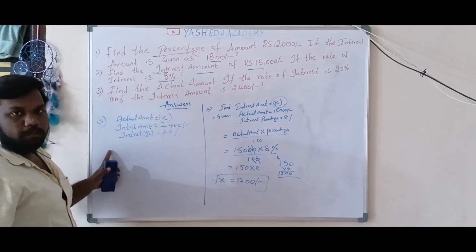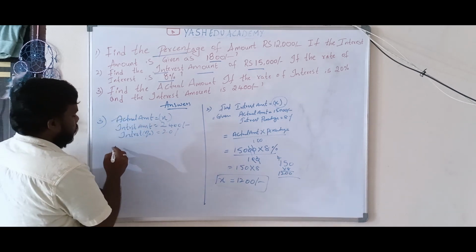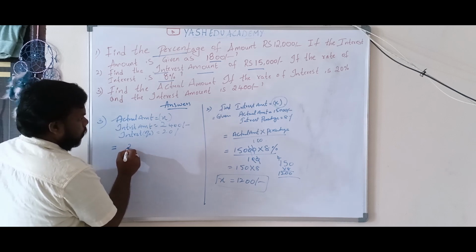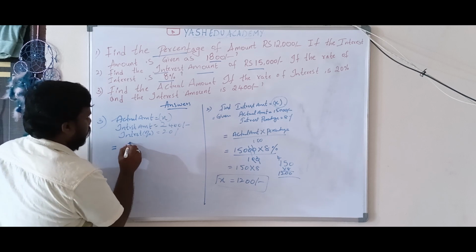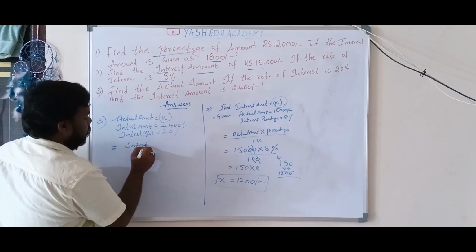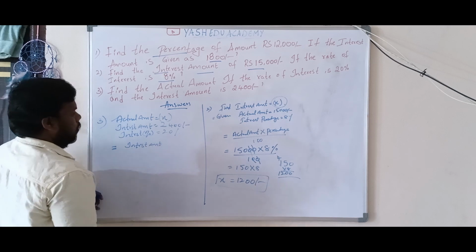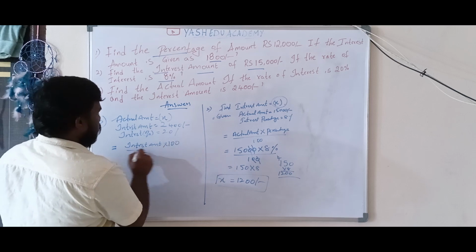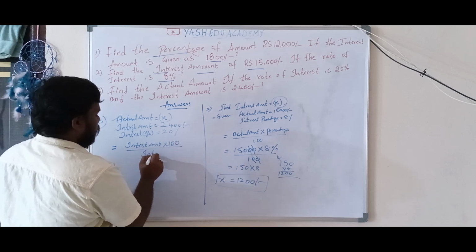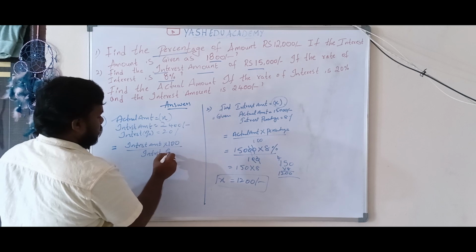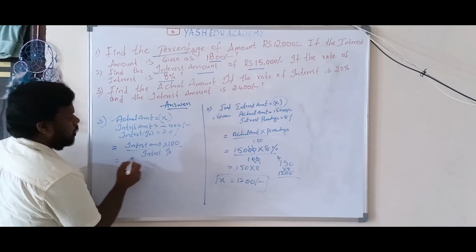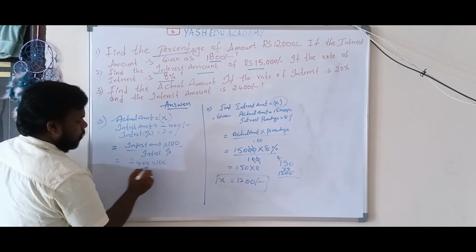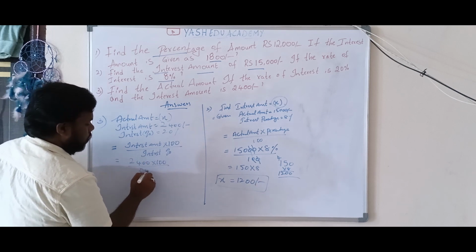So we should find the actual amount. So our formula is interest amount into 100 by interest percentage. So interest amount is 2400 into 100 by 20.